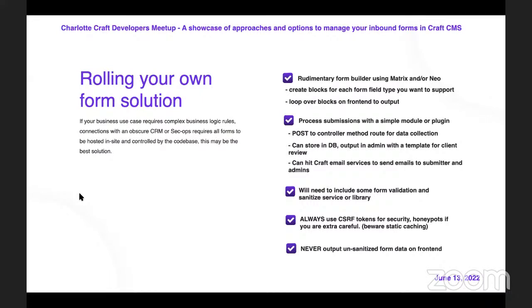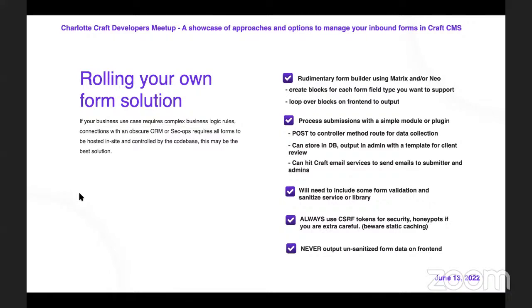How I've approached this in the past, before I started luckily being able to use Freeform for most projects, I'd create a rudimentary form builder using Matrix or Neo, handling each of the blocks for each of the form field types. That way the client can come in and build new forms and structure them the way that they need to.